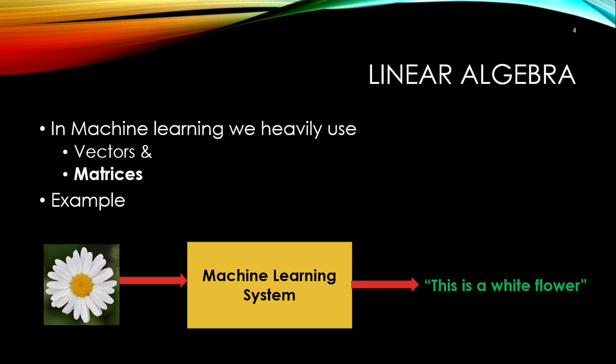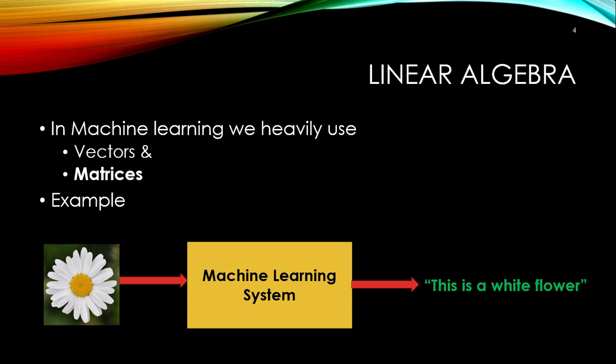Even if we are inputting some text or some sentences to the machine learning system, finally those sentences have to be converted into some form of numbers. Then only the machine learning system can understand it. Okay.